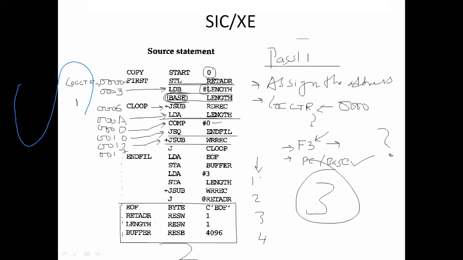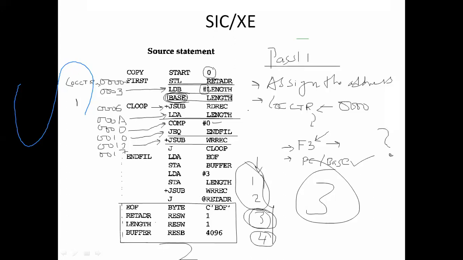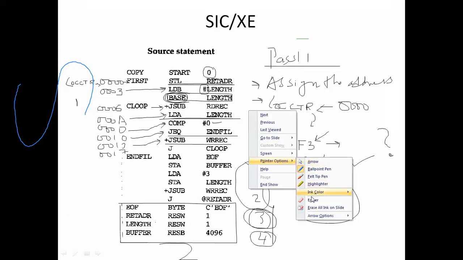We need to observe what type of instruction is present, and then we need to increment the value. So majority of the time, it will be a 3-byte instruction format, but we need to observe for extended and other types of formats, whether it is format 1 or format 2 or format 4. Got it? So if you do this, then we will have the address assigned for our instruction.